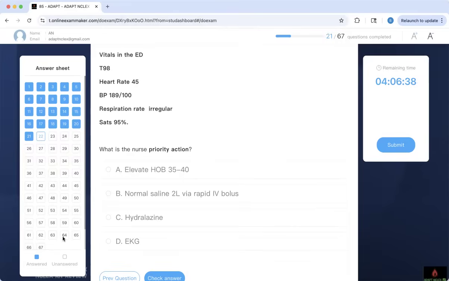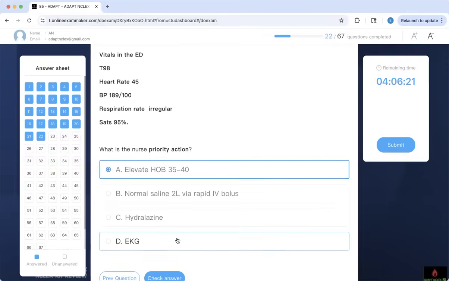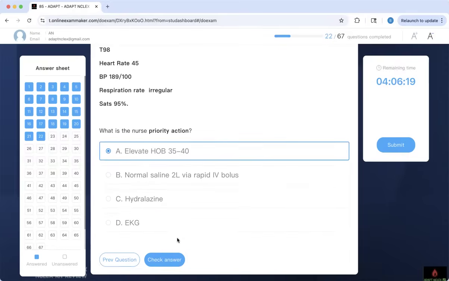The irregular heart rate has nothing to do with your heart. It's because you're herniating. Managing the blood pressure? I don't want you to manage it. Giving fluid is not going to help. Blood pressure is too high. Elevate the head, that's the least you can do. Blow the CO2 out. Give medication like mannitol or 3% saline to decrease the ICP.